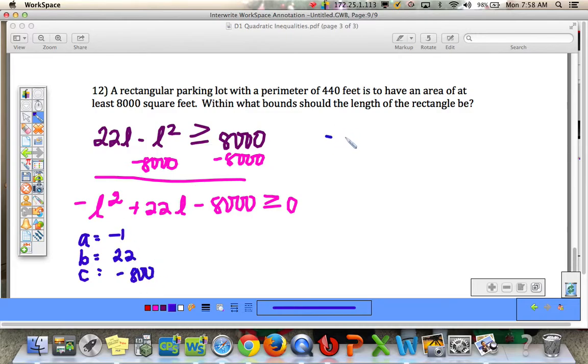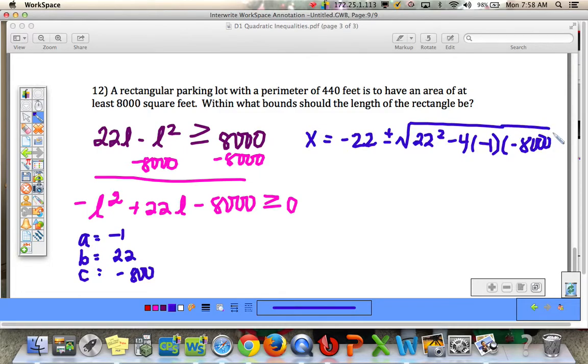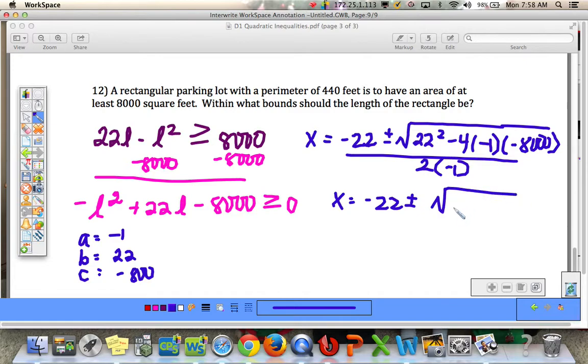Plug into the quadratic formula: X equals opposite B, plus or minus the square root of B squared minus 4AC, all over 2A. X equals -220 plus or minus the square root of 16,400 all over -2.